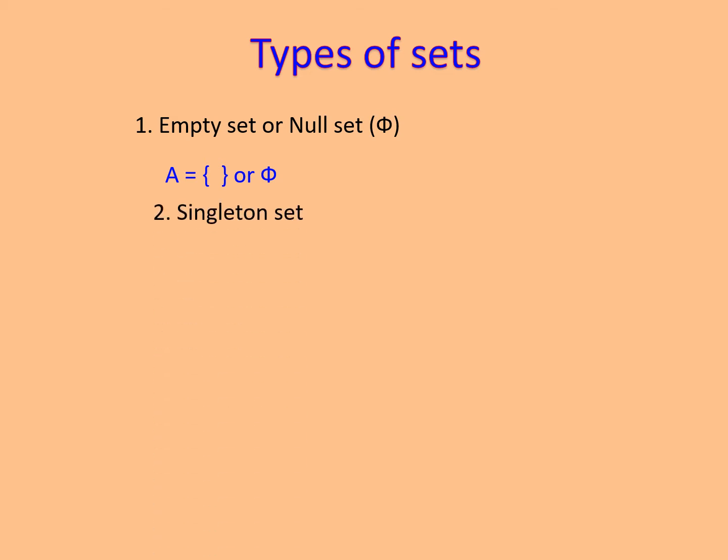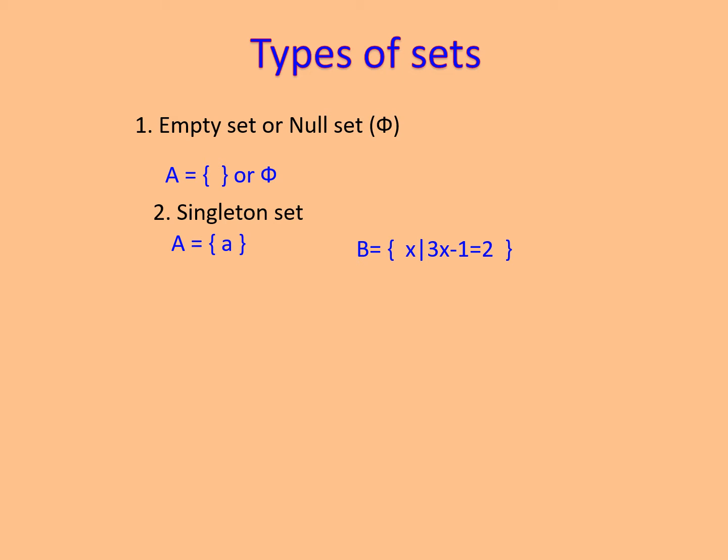Let us see the second one, that is called as singleton set. Again, the name indicates singleton set means single element. For example, set A has one element as a, or we can also say a set of even prime numbers, or we can solve this set B such that the element of set B such that 3x minus 1 equals to 2.